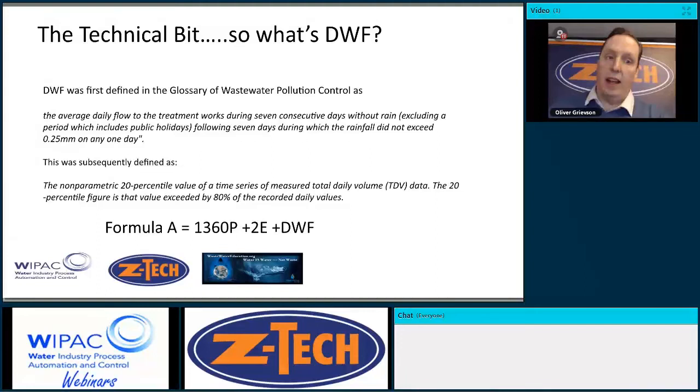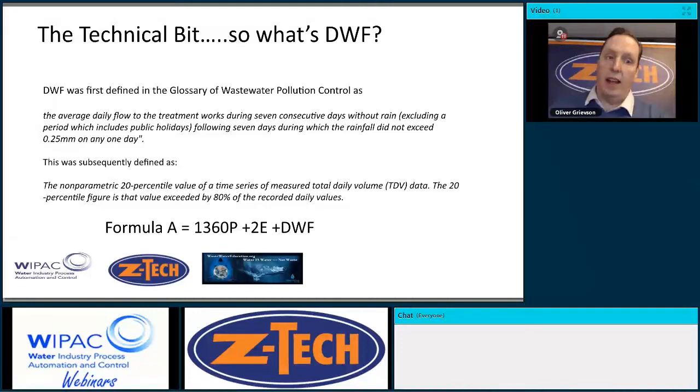Rightly or wrongly, it is a bit of an argument. So DWF, if you go back to 1975, the Glossary of Wastewater Pollution Control, which is the Institute of Wastewater and Pollution Control, was one of the organisations that turned into CIWEM.